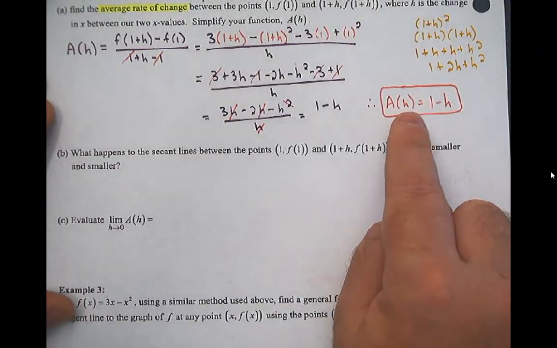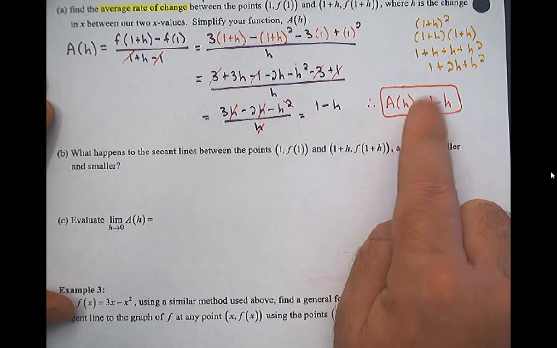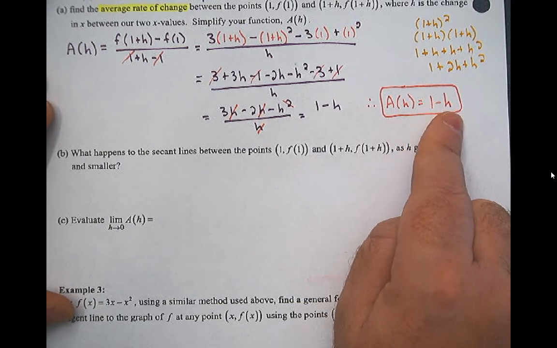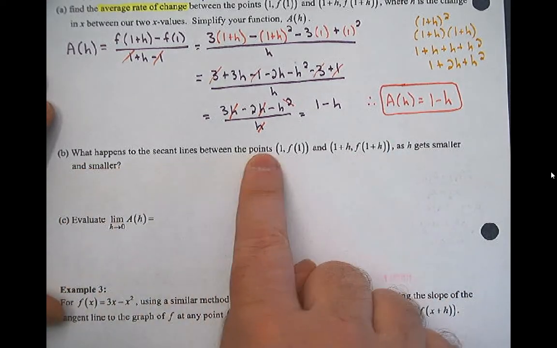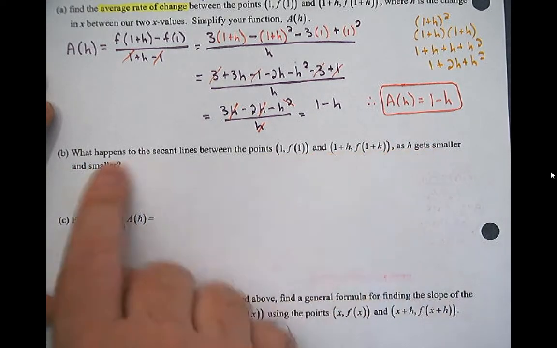So this is the function of what happens for h. What happens as h heads off to 0? What is happening to the secant? What is happening as h gets smaller and smaller?